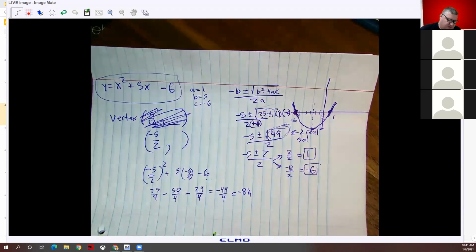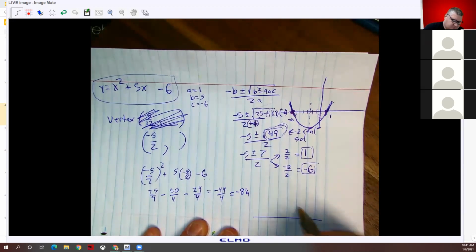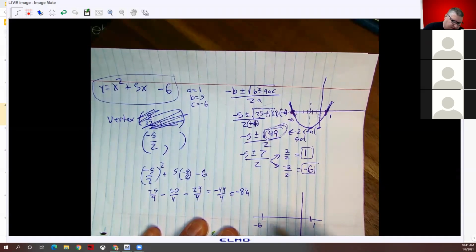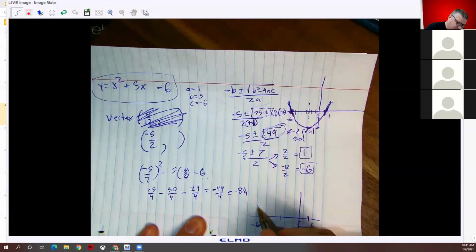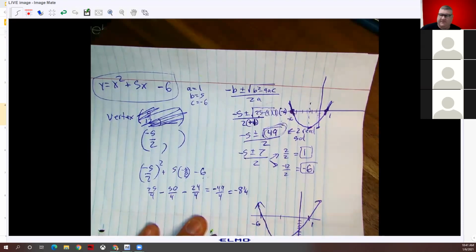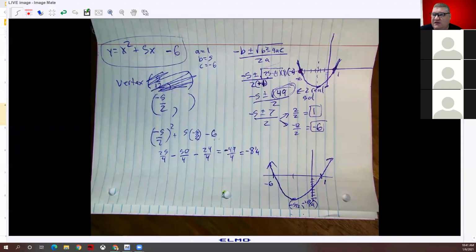So my final graph: 1, negative 6, 1, 2, 3, 4, 5, 6, 7, 8, and a little bit. Back here at negative 5/2, comma, negative 49/4. And there we go. Just like that. Okay, guys, that's what you have to do.